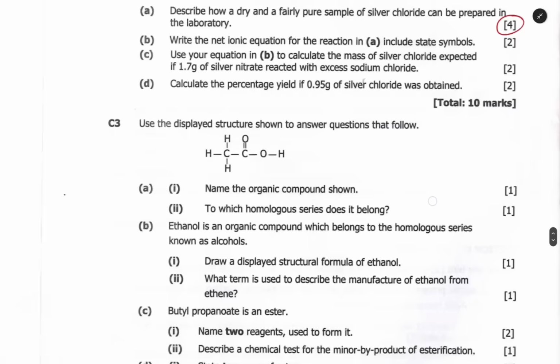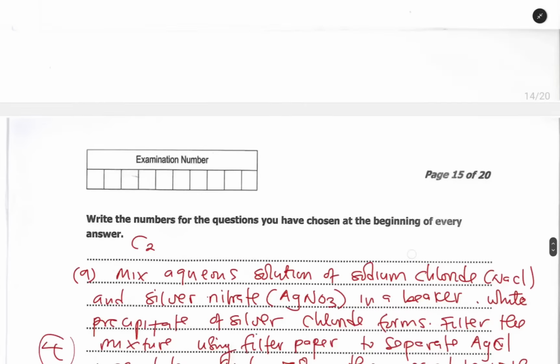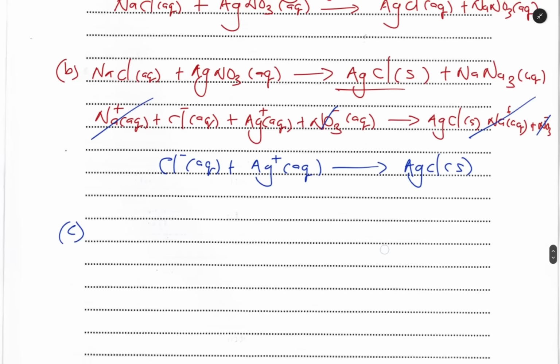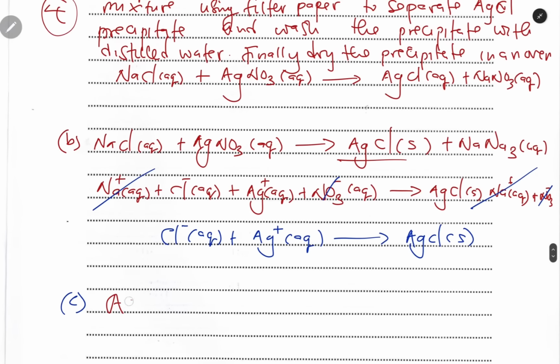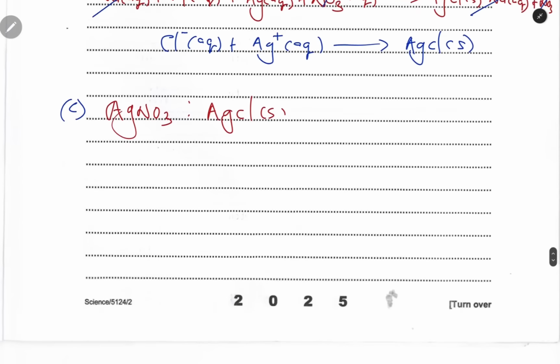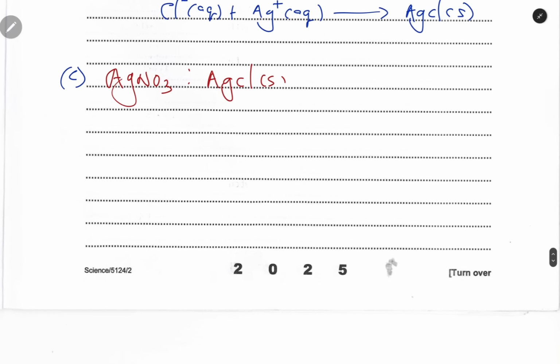So 1.7 gram of silver nitrate was reacted. We are forming the equation from silver nitrate, Ag nitrate, to Ag chloride. We want to find the mass. Here we are going to use what we call mass to mass.